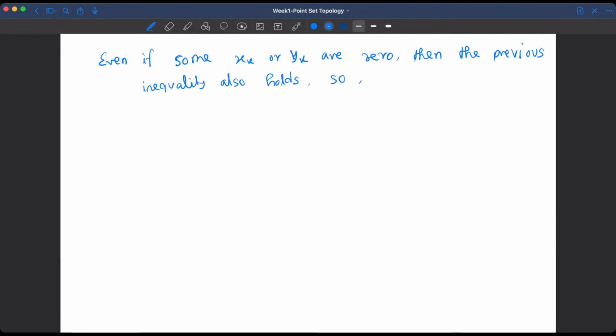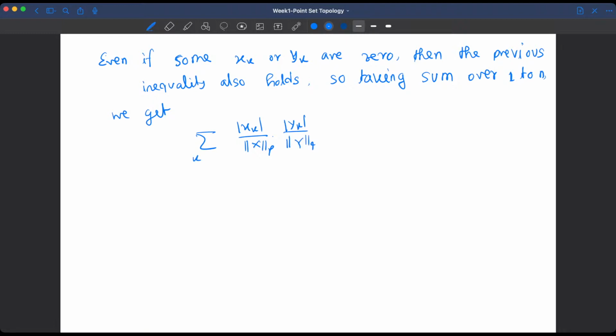So taking the sum over k equal to 1 to n, we get the sum of mod xk by norm x_p and yk by norm y_q, k equal to 1 to n, is less than or equal to 1 over p, which will come out of the sum, times the sum over k equal to 1 to n of mod xk power p by norm x_p power p, plus 1 over q times the sum over k equal to 1 to n of yk power q by norm y_q power q.